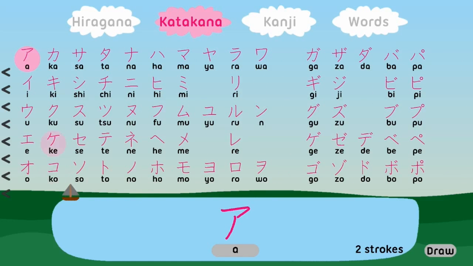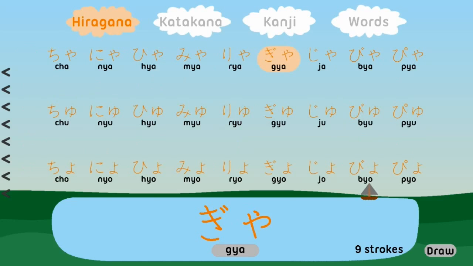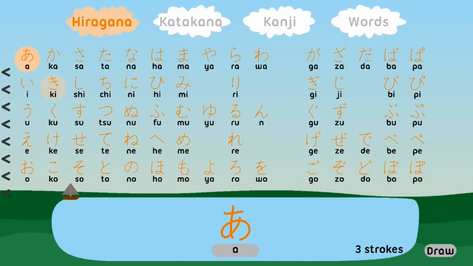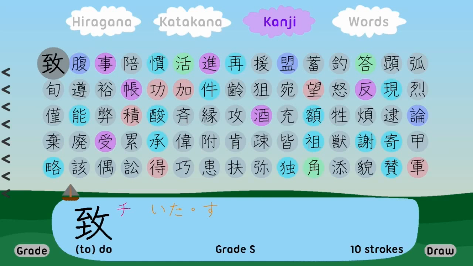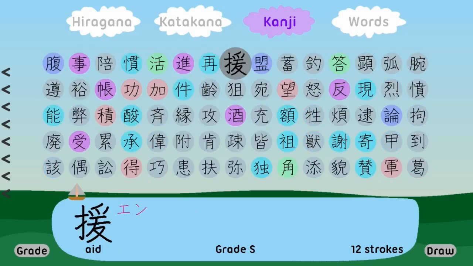And so this is a little bit easier to learn in terms of stylistic, because you look at the KI here or the SU where it's all swirly loops and whatever else, and you're just whoop whoop done. So this is essentially printing, and this is cursive if you want to take it that way, although that's not entirely accurate. And then you've got kanji, which is the big baddie of Japanese.